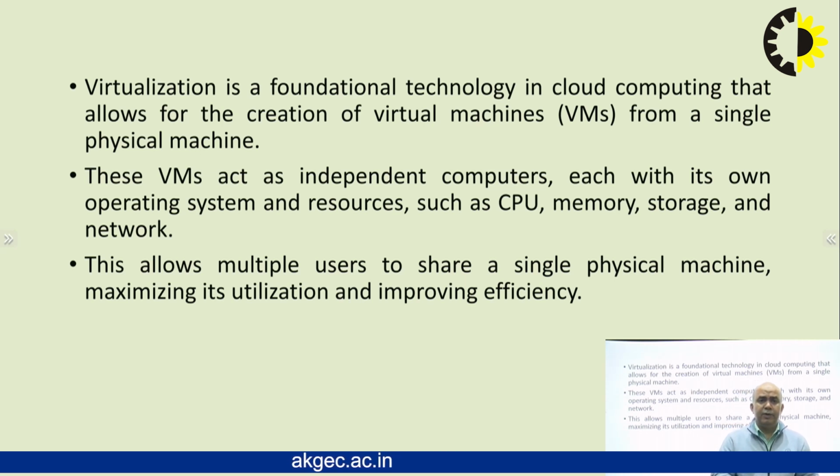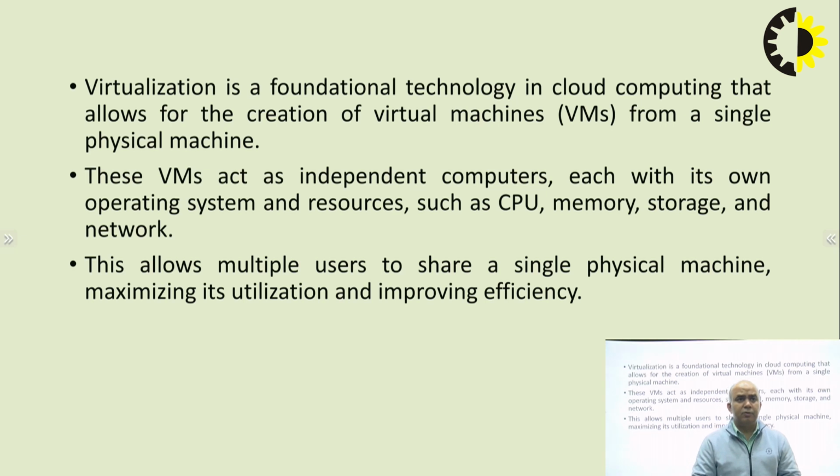In virtualization, we can create multiple virtual machines on the provided hardware, where the resources of the physical machine are virtualized, so that those virtual machines can provide the same kind of efficiency and throughput.